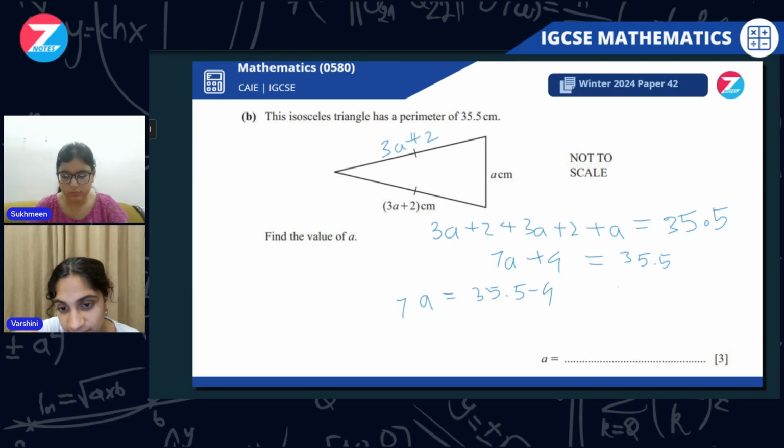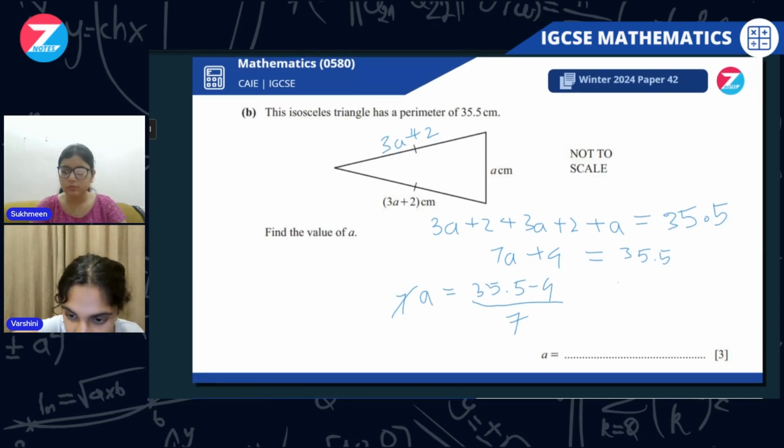And now we just have to divide both sides by 7 to find just a. So you can just put this straight in your calculator: 35.5 minus 4 divided by 7, which is 4.5. So a is going to equal 4.5.